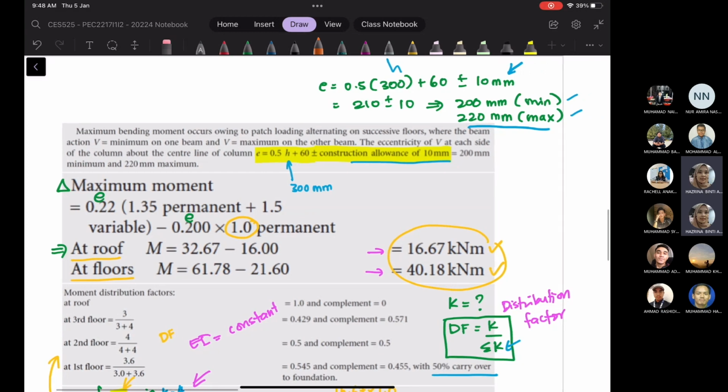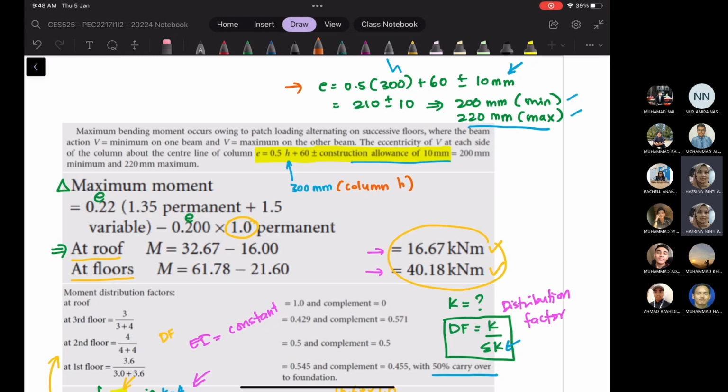When we calculate this, the calculation is shown above. E equals 0.5 times H, where H is the column H, which is 300, then plus 60. This is the equation, so we can just follow it. So 0.5 times 300 plus 60 gives 210, plus or minus 10. This is the construction allowance. If minus, we get 200; if plus, we get 220 maximum.